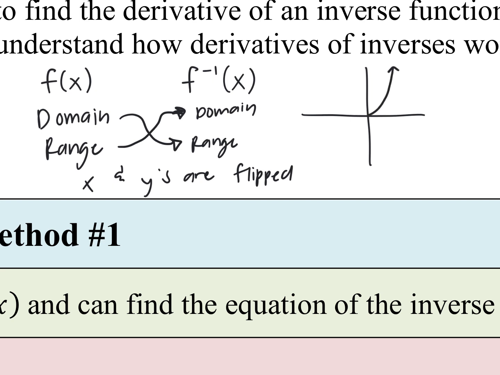If I had something like that, my inverse function looks like this. It's not perfect there, but it's flipped over this line, y equals x. All of the x values on our black equation will be the y values on the blue equation, okay?